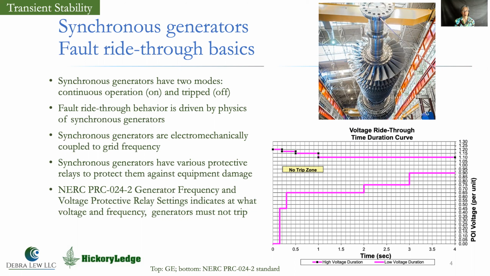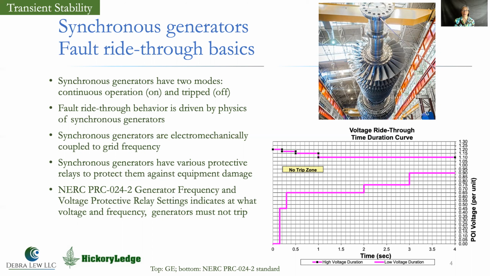So you'll recall that we said in the last tutorial that the system's designed for redundancy. So if I lose a big generator, I lose a big transmission line, frequency may dip, voltage may dip. That's okay. The system is designed to work around that and to keep humming along without missing a beat.